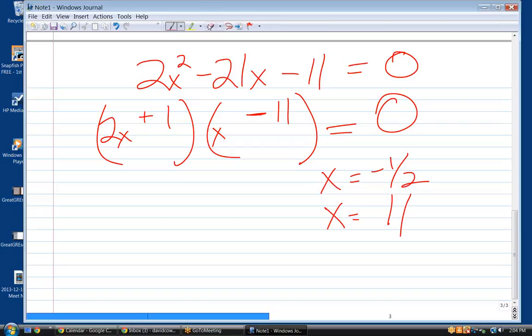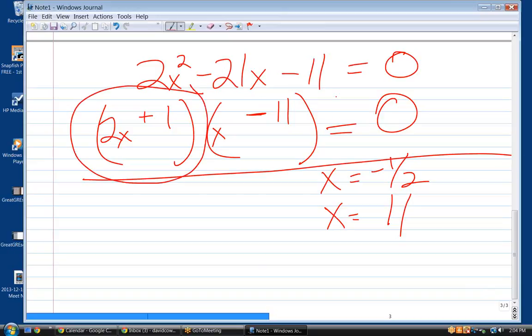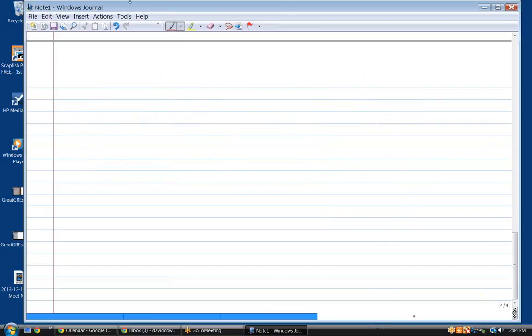Yes. So if it asks that, that's all I do is plug it in. Exactly. Once you've factored it and set it equal to 0, then we know that either this has to be 0 or this has to be 0, and you just solve for both of those. Okay, that makes sense.